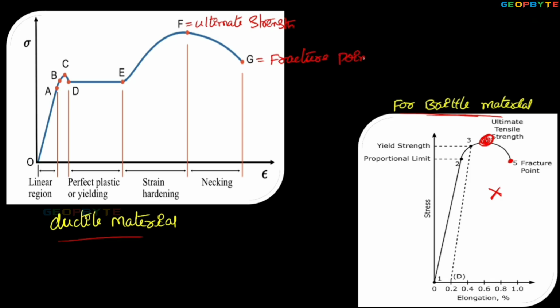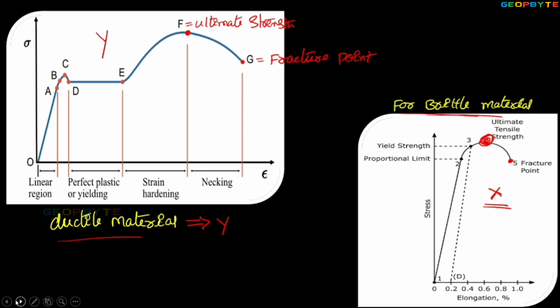Look at the gap between the ultimate strength and fracture point for the ductile material. Both are far away. Therefore, this is for material Y. So material Y is the ductile material and material X is the brittle material.